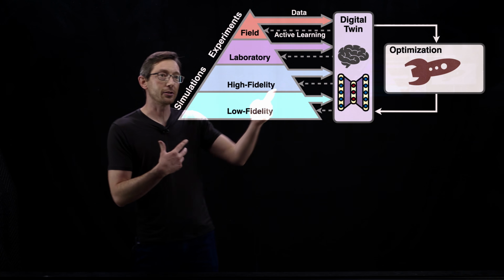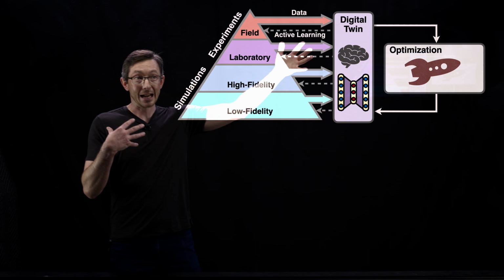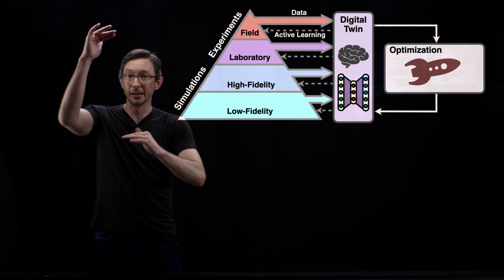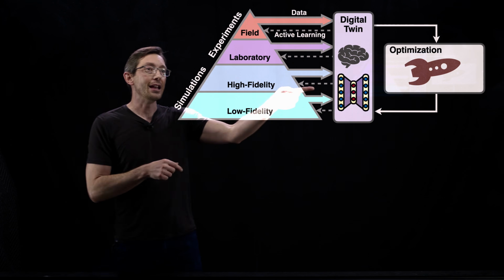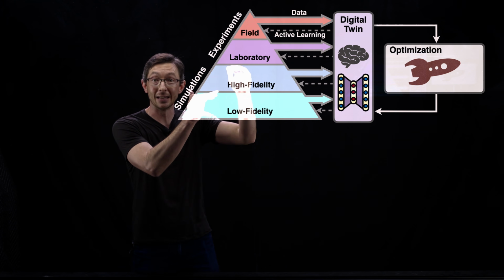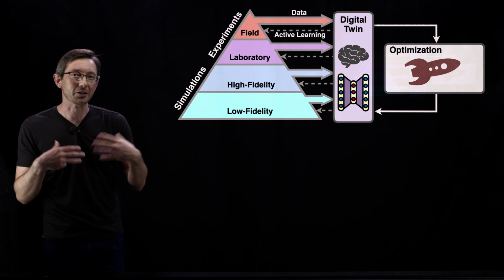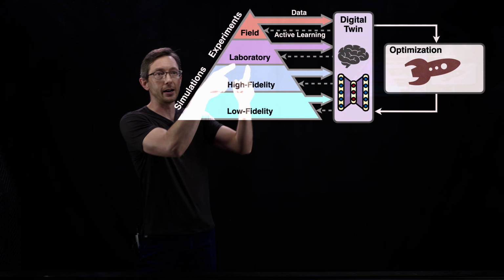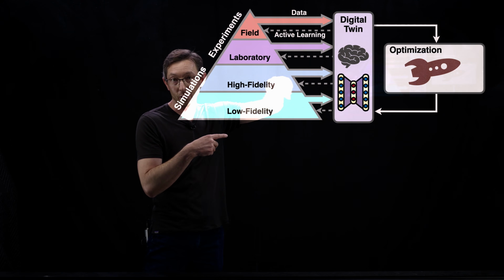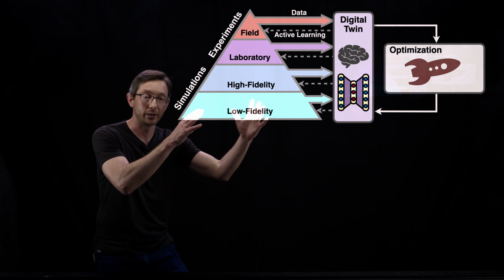And based on that uncertainty, then we can actually design a tie-back between that digital twin so that if it has a high uncertainty, but the design is promising, it can actually go back and collect more data. And it can collect data at different fidelities based on its uncertainty. So in a way, this is an optimal way of generating data through active learning, through this kind of feedback between the digital twin machine learning model and the actual data generation.